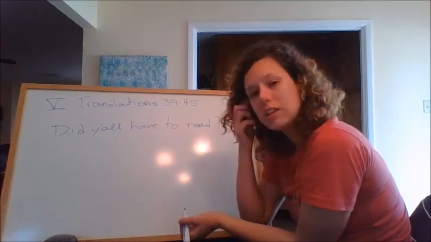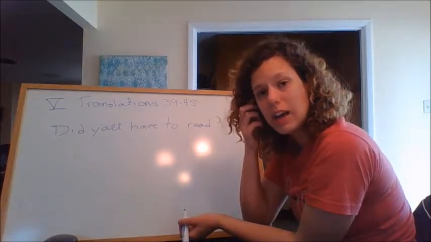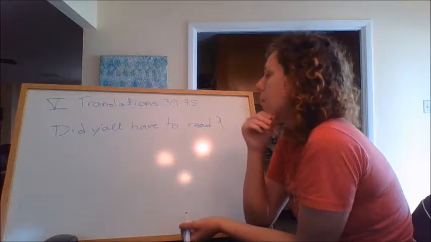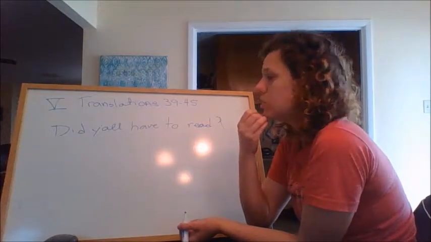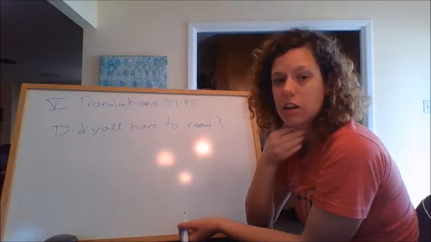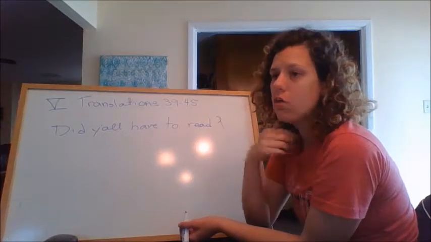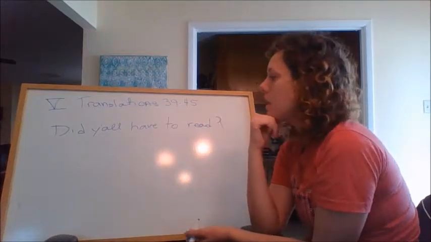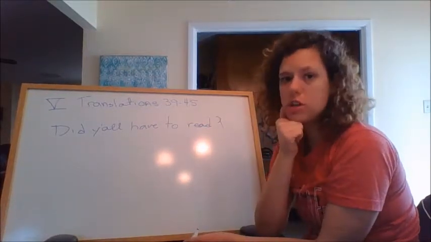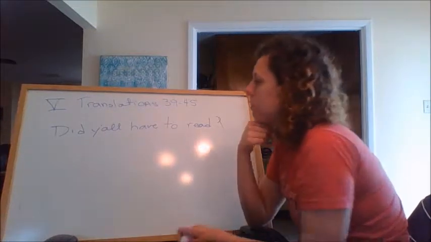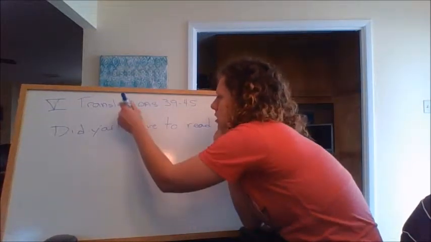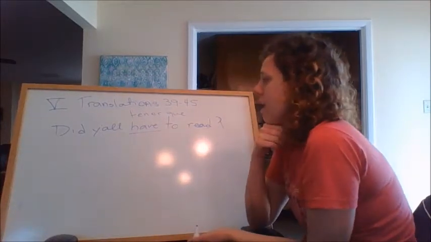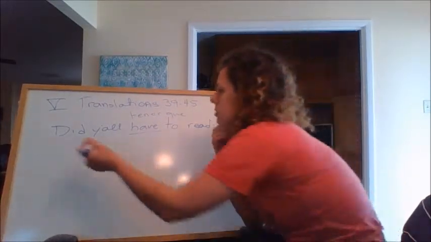Now remember, we do not translate did in this case, but it does indicate that it is in the past tense, okay? Have to is an expression, right? It is a tener expression. It is tener que. Remember that tener by itself means to have, like possession, like I have this marker. To have to is an obligation, something that you do, all right? So it's going to be in the past tense. We're going to use tener. Okay. All right. And tener is one of the irregular verbs.